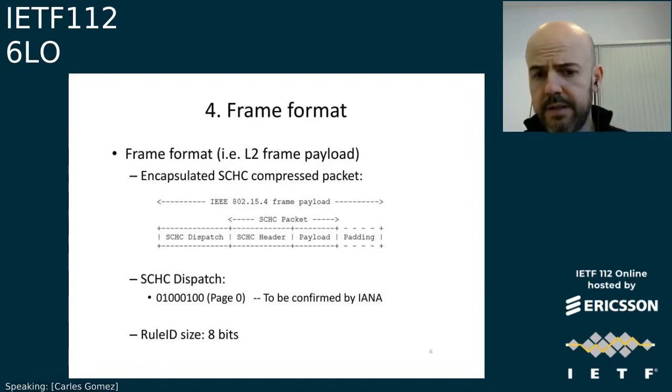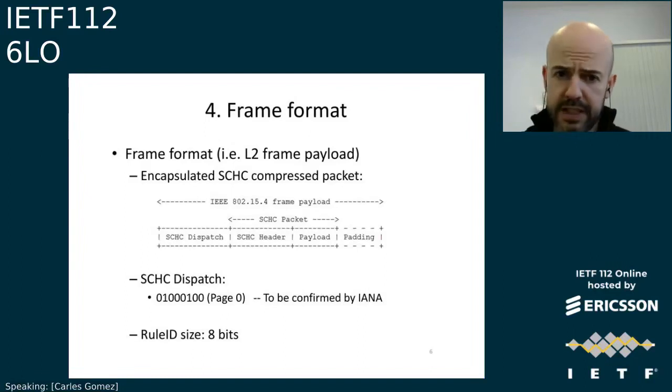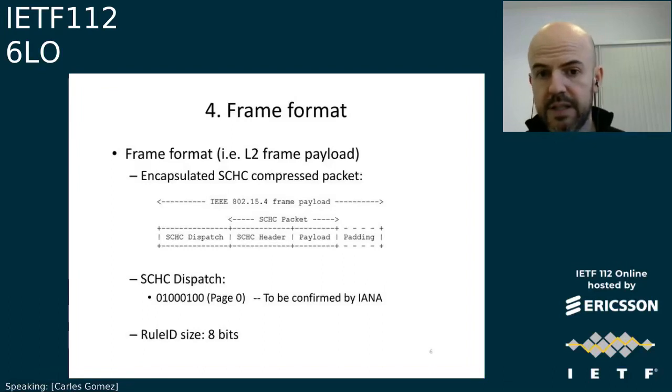This is better than the previous approach where we attempted to allocate a whole page for SCHC, in terms of making more efficient use of the existing 6LoWPAN dispatch type space. This byte here is one of the currently unallocated ones. The SCHC dispatch signals that what comes next is a compressed SCHC packet, and the next field is the SCHC header, which comprises a rule ID and, if any, a compression residue. In this version of the draft, we state that the rule ID size is 8 bits. Next, please.